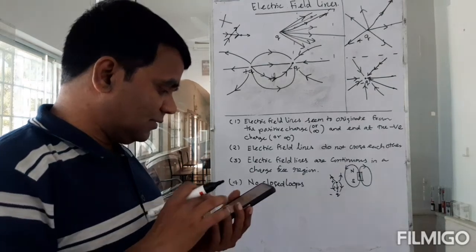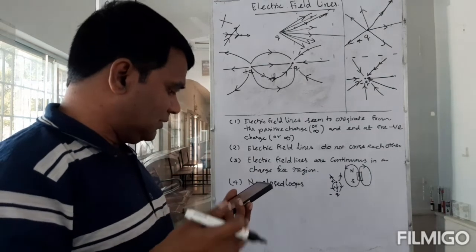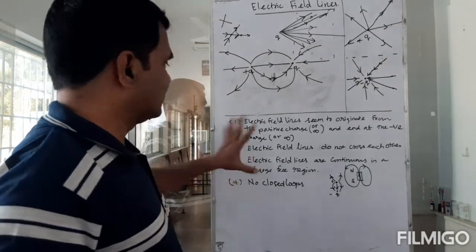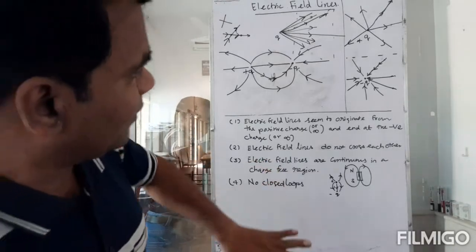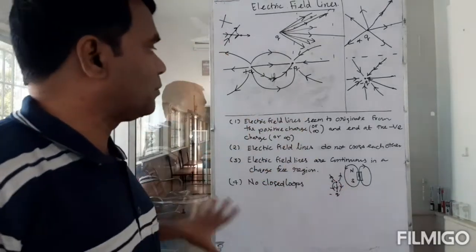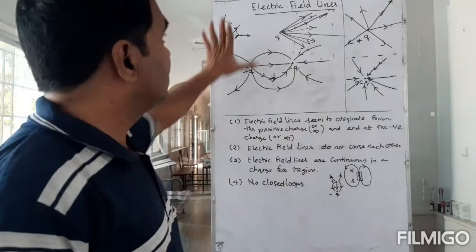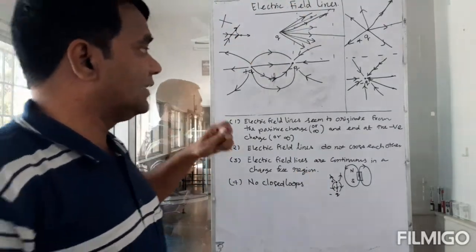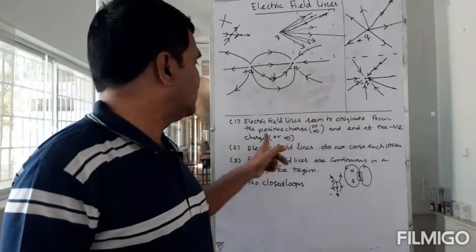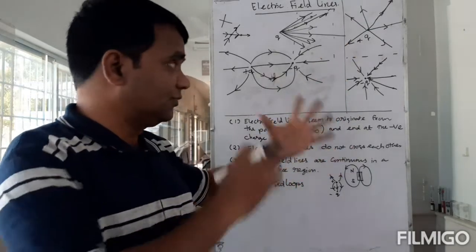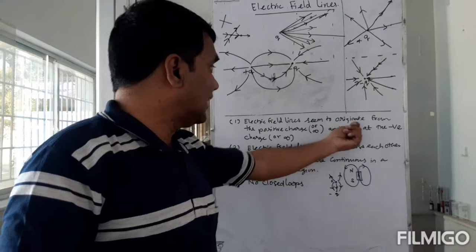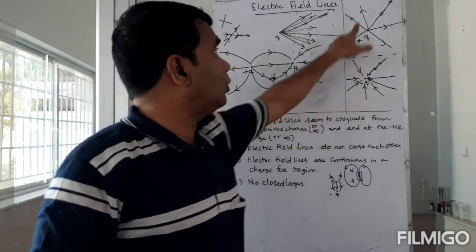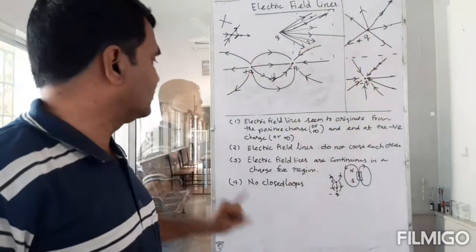Okay, so these are the 4 characteristics of the electric field lines. One is the electric field lines seem to originate from the positive charge or infinity in this case and end at the negative charge or at infinity. That's point number 1.